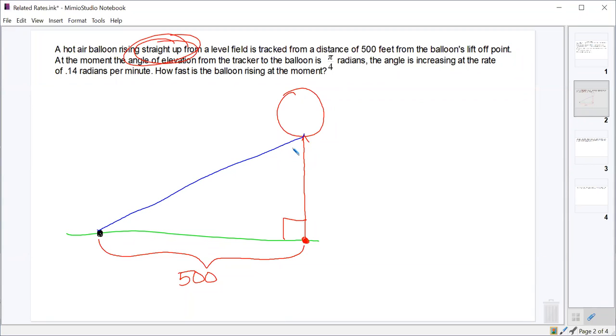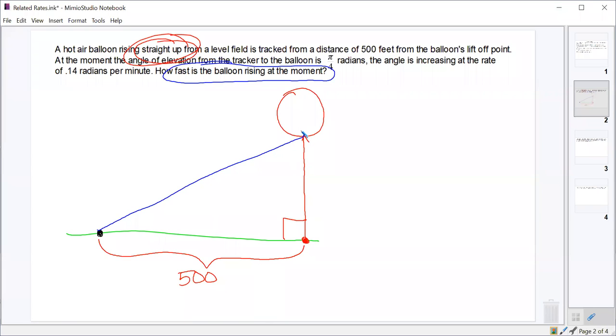And what are we looking at in terms of things that we want to know? We want to know how fast the balloon is rising at some specific moment, which we'll get to in a second. How fast it rises, let's say in feet per minute, is a change in distance over a change in time, true? So what should we call this distance between here and here?